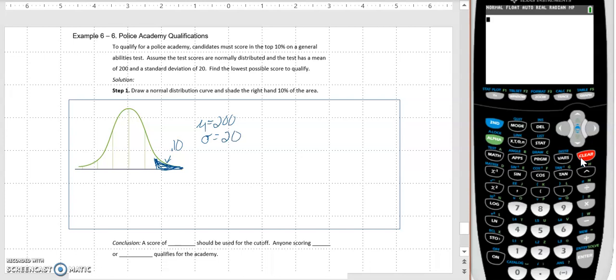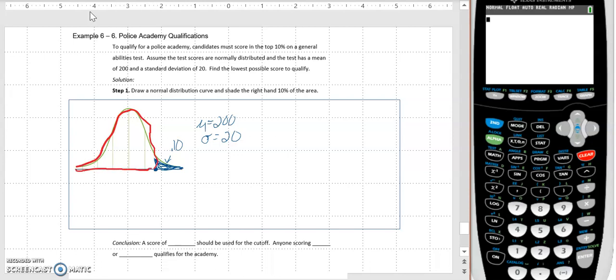Find the lowest possible score to qualify. Well, what we're looking for is this score that bounds that 10%. Well, remember now, if we use inverse norm, we've got to use area to the left. So in my command, I'm going to be using this area here to the left, this unshaded part.